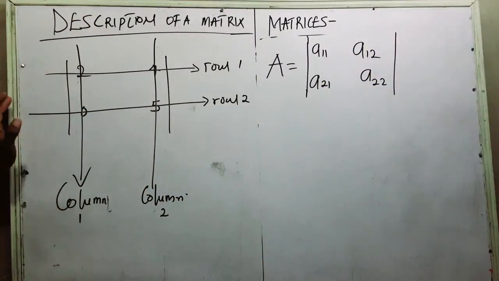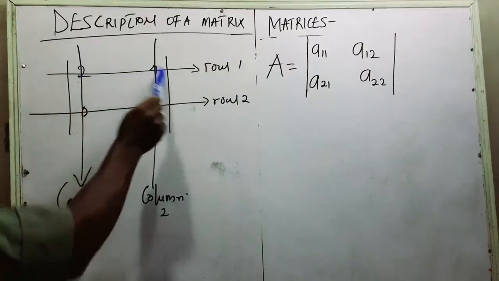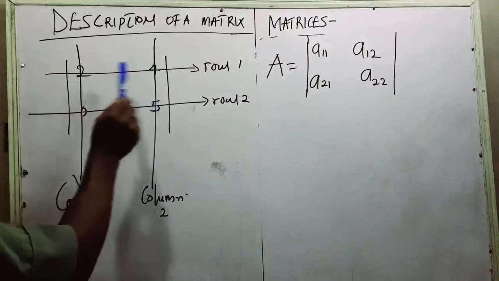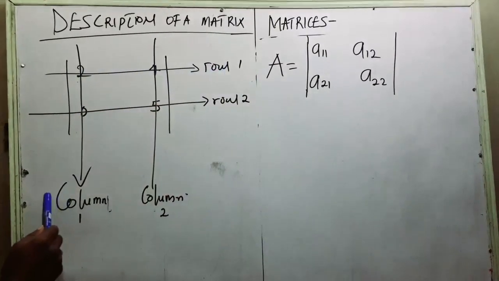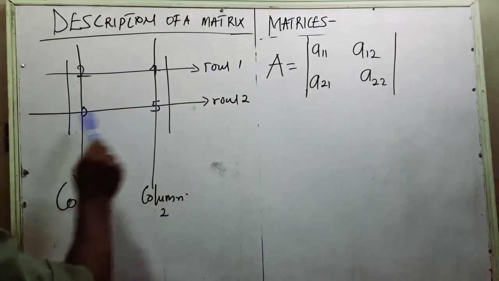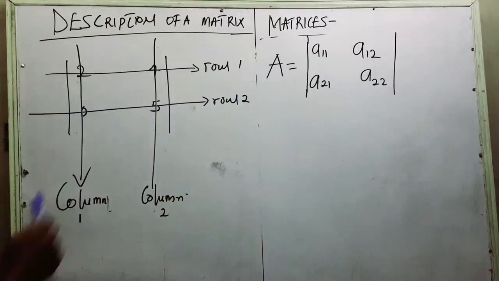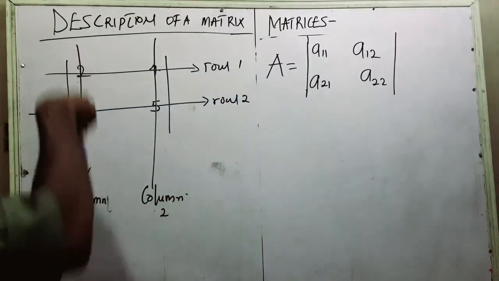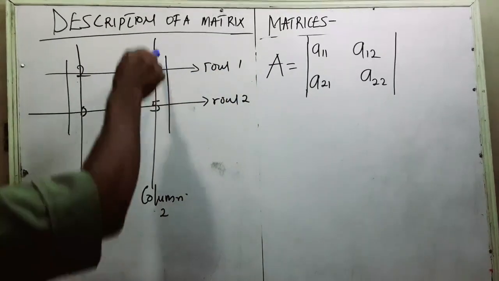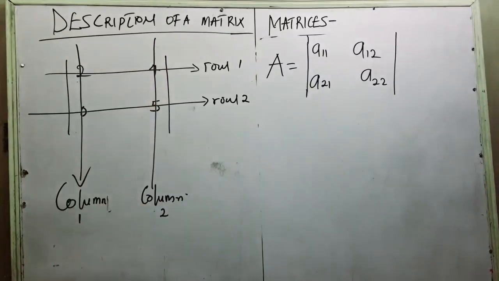There is a place it falls. As I've said earlier, 2 and 4 fall in row 1. 0 and 5 also fall in row 2. 2 and 0 fall in column 1. 4 and 5 fall in column 2.